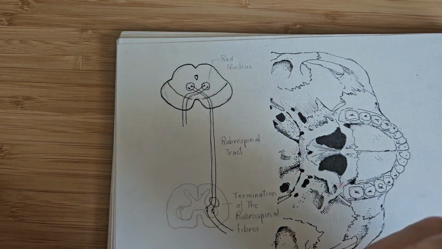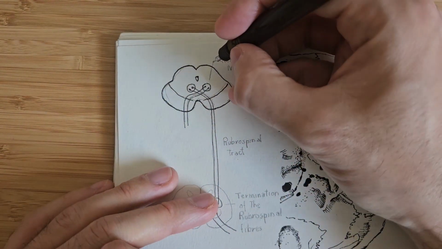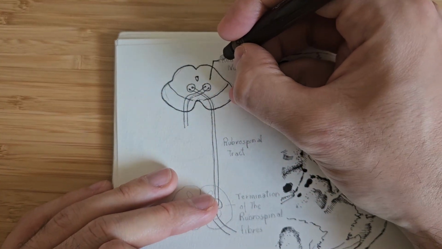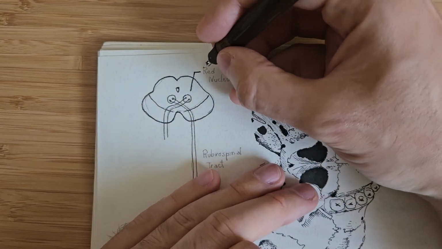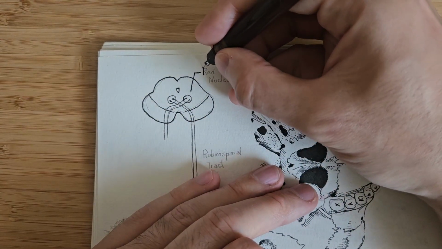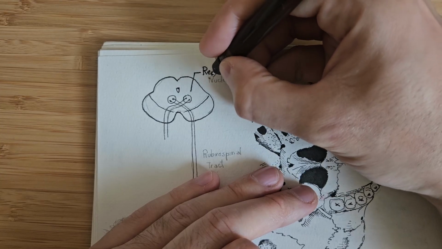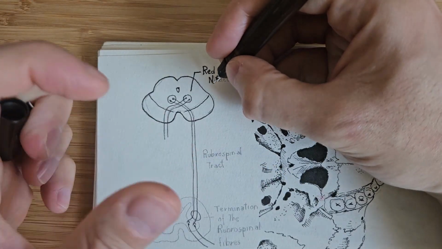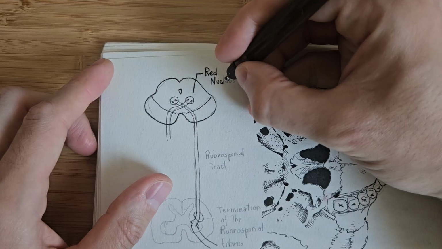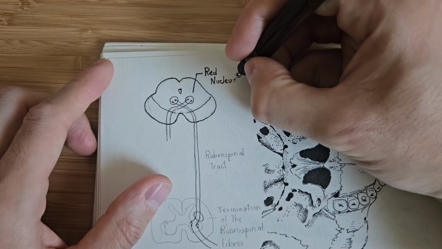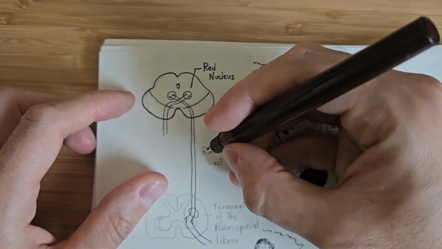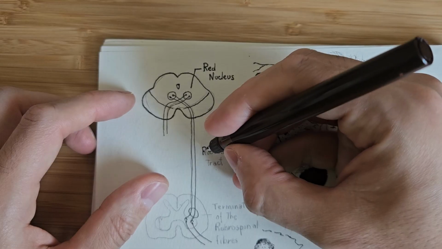Okay, and this one is the red nucleus. What do you think about this pen? I will do with this pen today. Might be better for you to read, or even to take a screenshot. This is the red nucleus, and this one is the Rubrospinal tract.